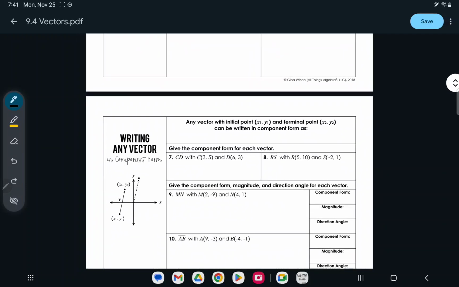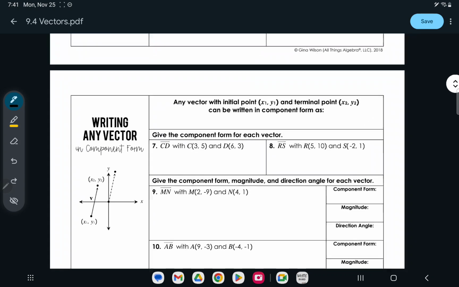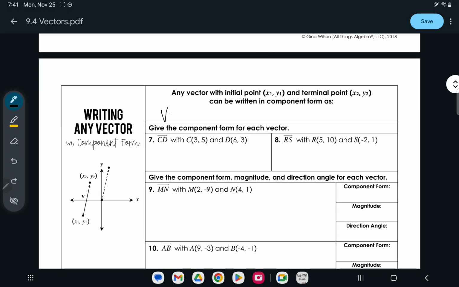Let's look at some more stuff with vectors. If we want to write any vector with initial point x1, y1 and terminal point x2, y2, we can write it in its component form like this. V equals, so component form is that inequality looking notation: the difference in the x values, comma, the difference in the y values.